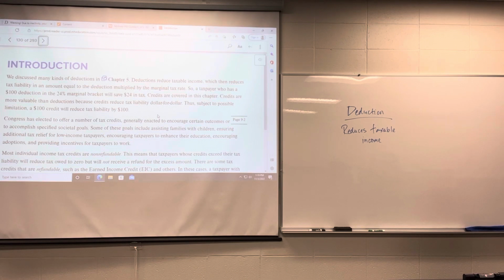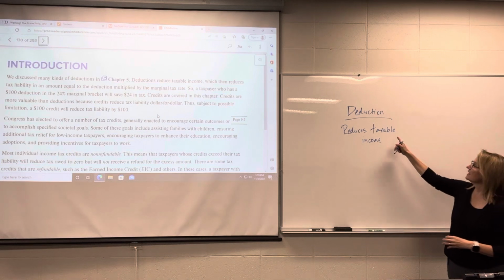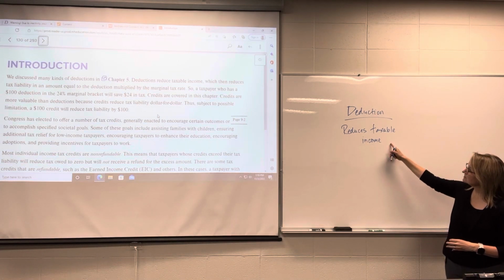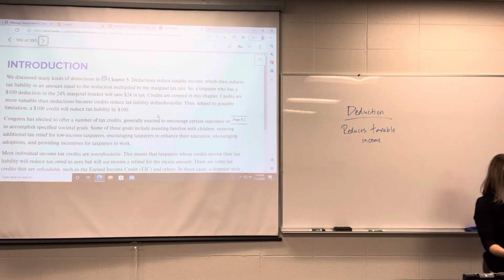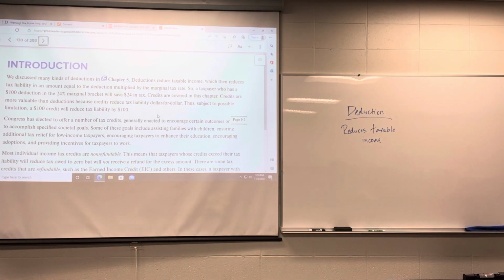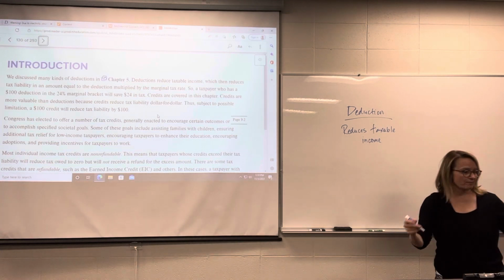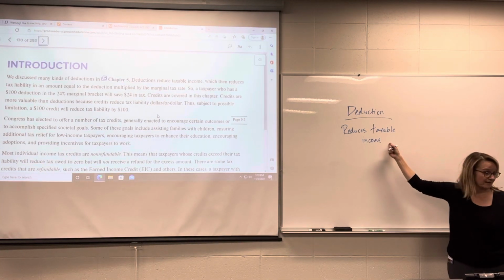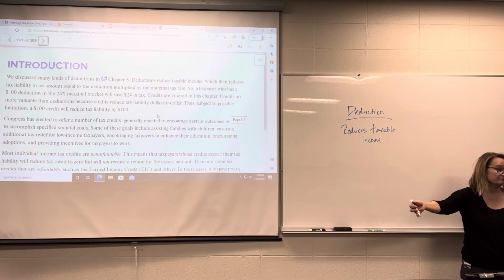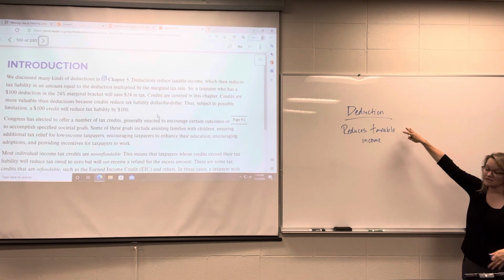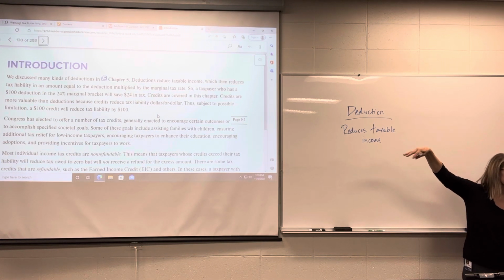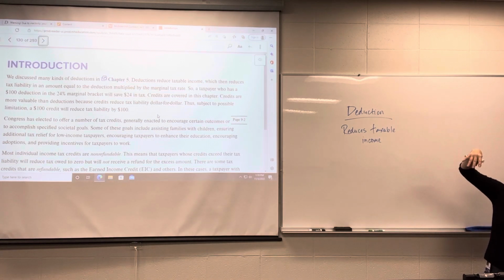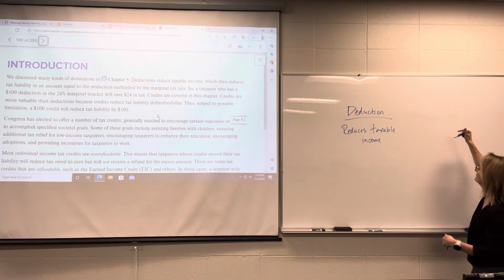That's our line 15 on the 1040. So if they have an effect on taxable income, it means that our deductions are actually going to show up on that page 1 of the 1040, right? Because they reduce our taxable income. If they show up after, then they're not going to reduce our taxable income, because taxable income is on line 15. So all of those deductions are all listed on page 1 of the 1040.